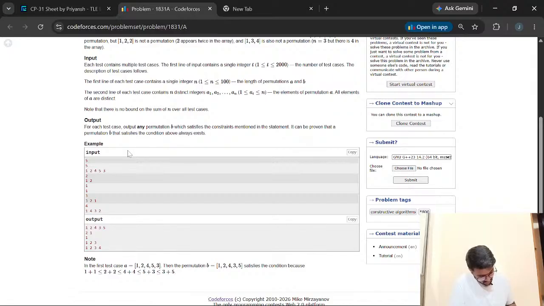One, two, same as it is. One, two, three, four, five, right? What I'll do, I'll just add plus 1, which is less than or equal to plus 2.